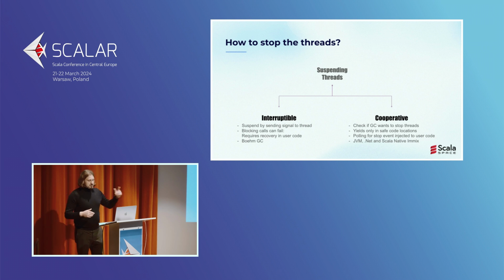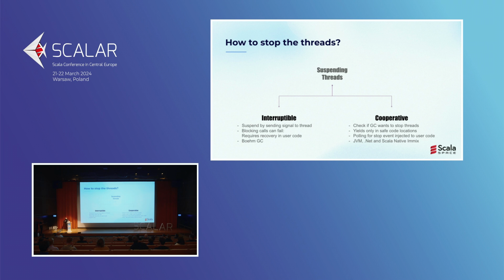That's why languages like JVM, .NET, and Scala Native as well use so-called cooperative suspending of the threads. This means that it's not the GC that controls when you stop the execution of the thread, but rather it indicates that the thread should be stopped. The thread itself is required to check at some cyclic operations whether it actually should be stopped.